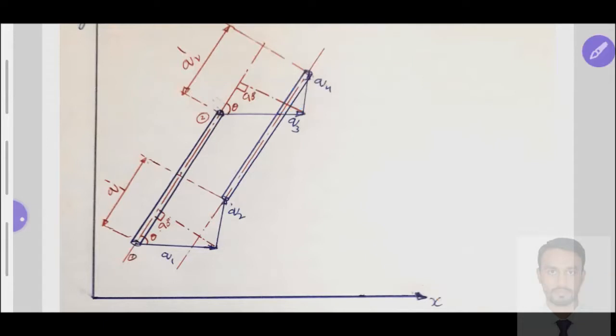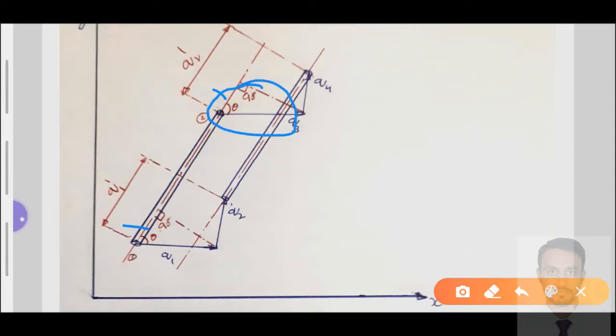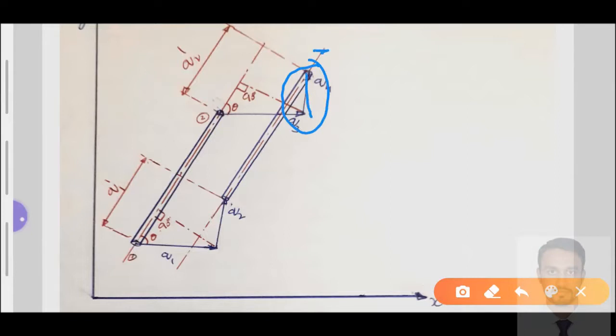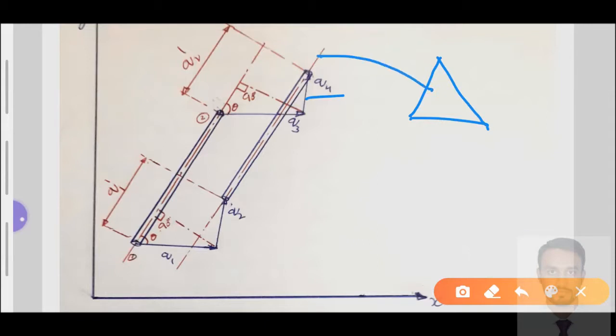Now this portion is called the adjacent side for this triangular element, and this one is the opposite side. Similarly, we have this triangular element with respect to this axis and this inclination, which I will take separately. This triangular element is like this: this is an axis, this is 90 degrees, and theta.